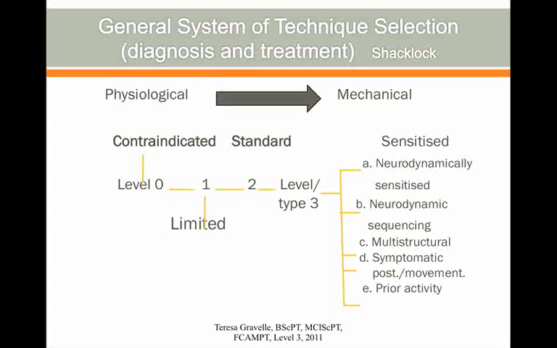So you could do a zygapophyseal joint movement in a neurodynamic position and see the effect on the patient's symptoms. If you found that there was an effect on the patient's symptoms, you could actually mobilize the lumbar spine in a position of neural tension.